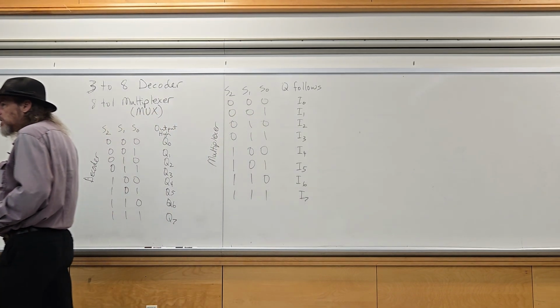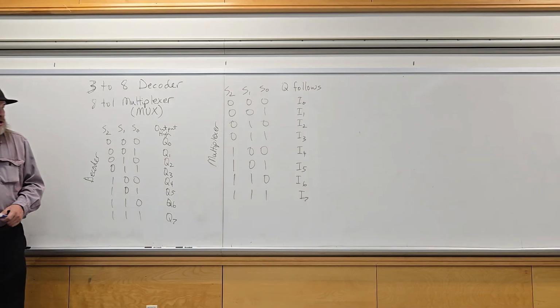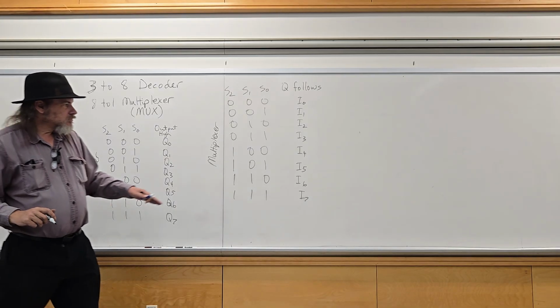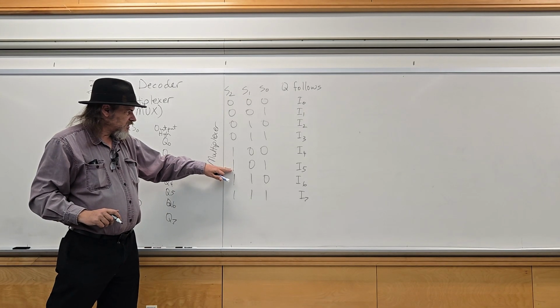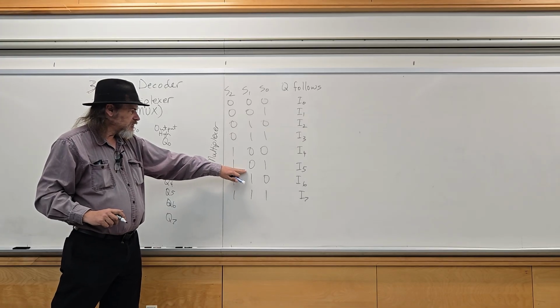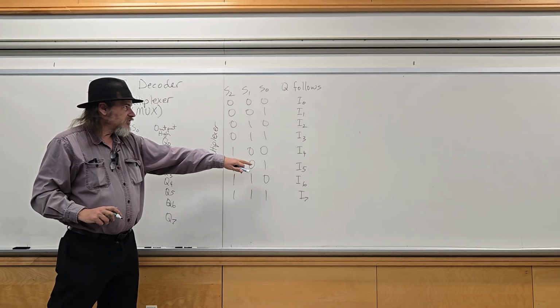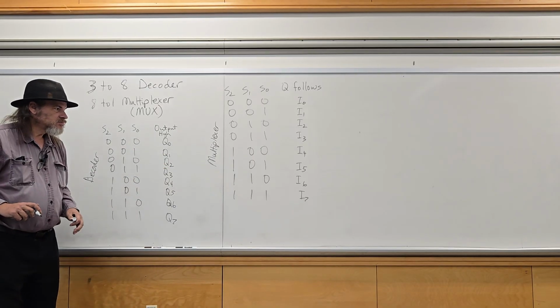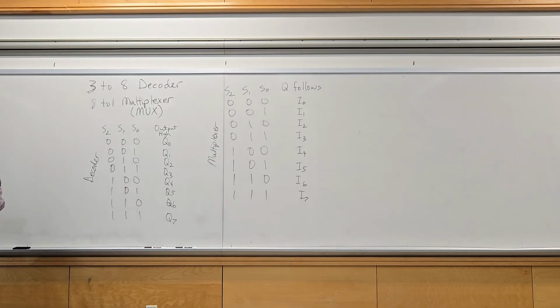So let's say here, when you have 101 on your select inputs, the output follows I5. The rest of the inputs are ignored. They don't matter.